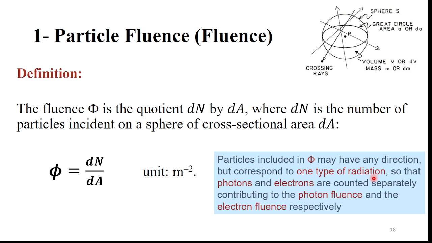However, the fluence is specific to one type of radiation. For example, photons, which are light particles, and electrons are counted separately. This results in distinct values for photon fluence and electron fluence rather than combining them into a single fluence measurement. So this is an important note.